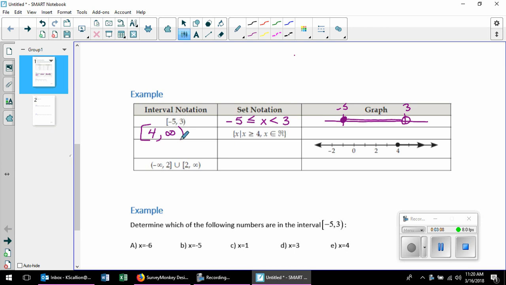If I were to do this wonderful chart, +4, closed circle, and then I'm going to have an arrow indicating that it's going to continue on forever and ever. They're exactly the same, yeah.